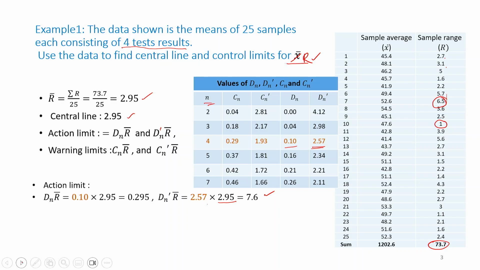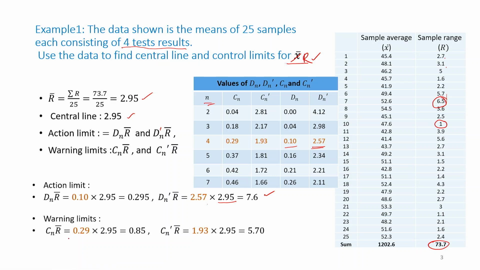And then we go to the warning limits calculations. Similarly, cn r bar. So we find out the value of cn when n is 4. For 4, cn is 0.29. So we write 0.29 multiplied by 2.95. That gives a figure 0.85.